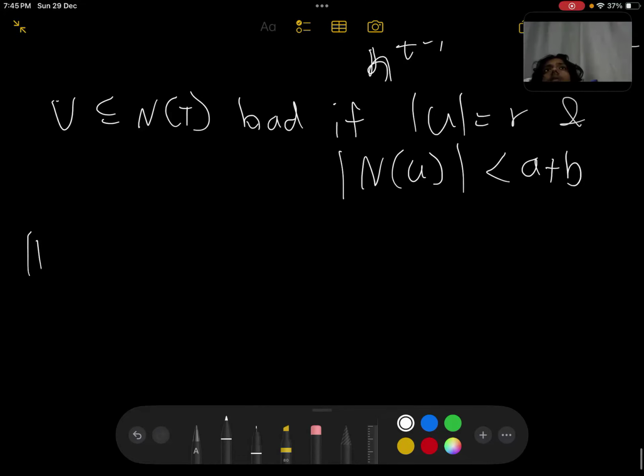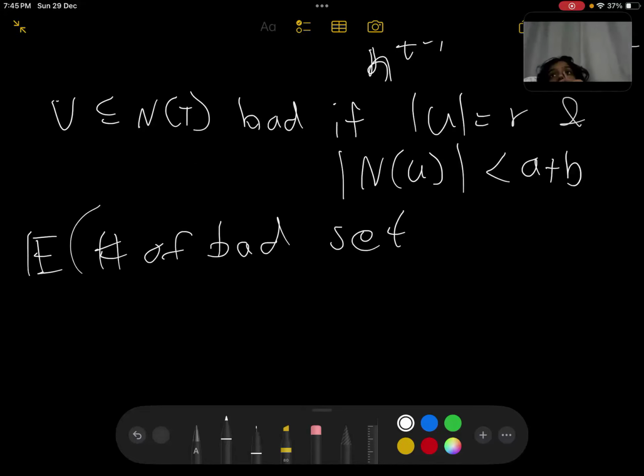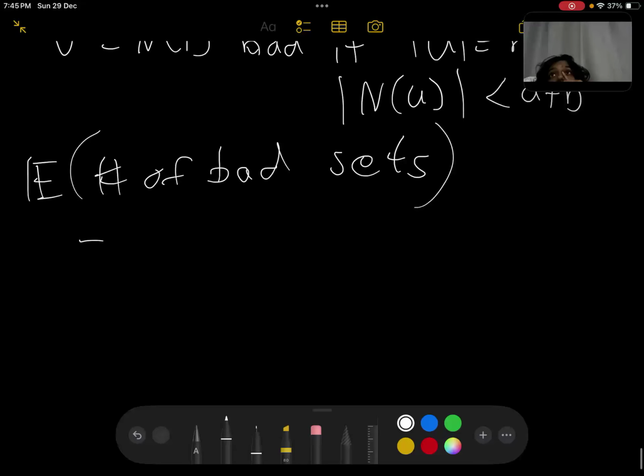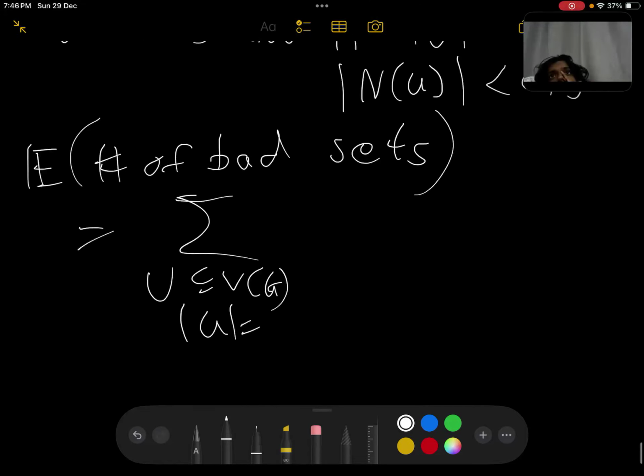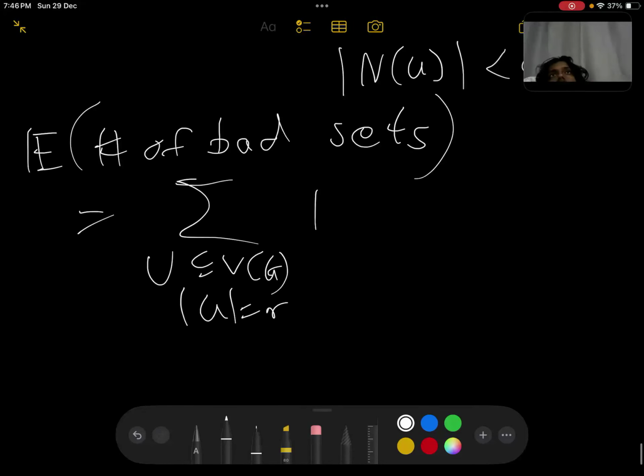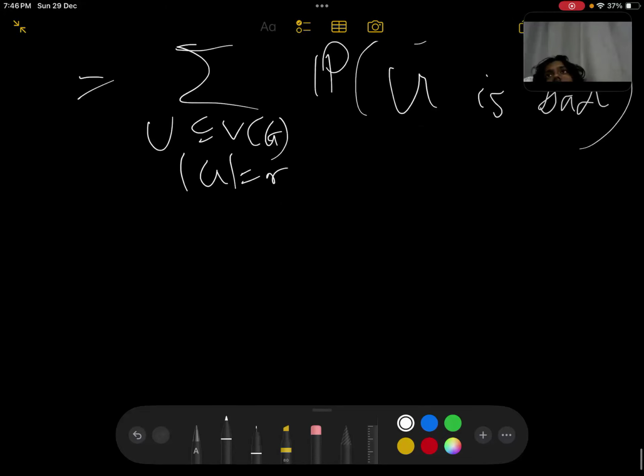So firstly, let me calculate the expected number of bad sets. Again, by linearity of expectation, that's the sum over all subsets of VG of size R. Now, what's the probability that U is bad?